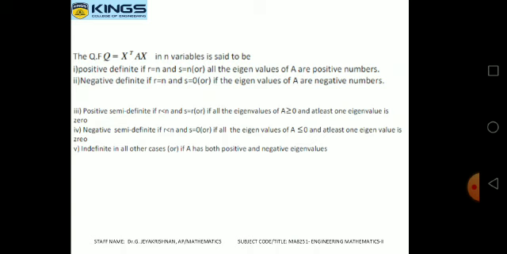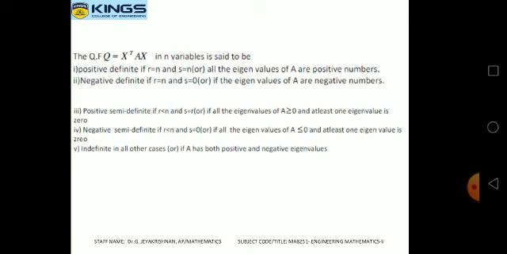If all the eigenvalues are negative, the nature is negative definite. For example, minus 2, minus 3, minus 4.